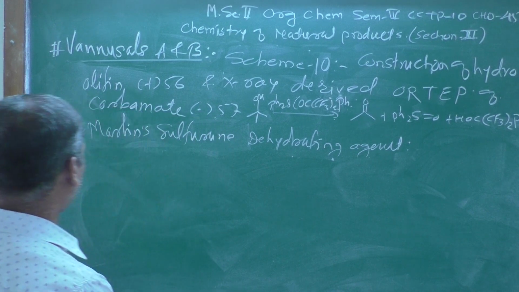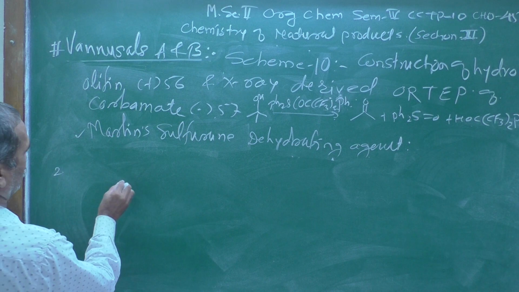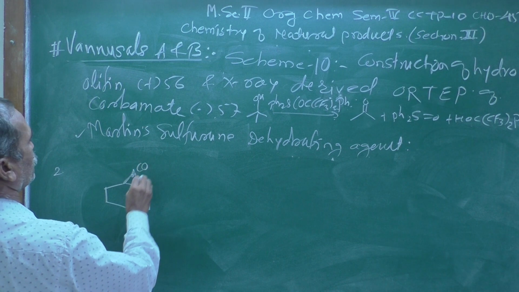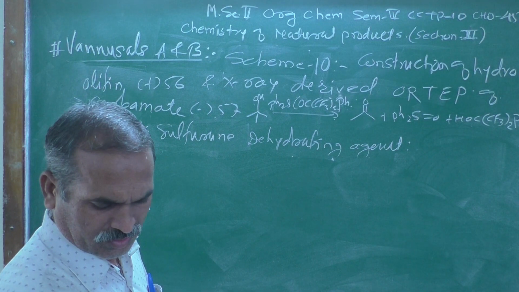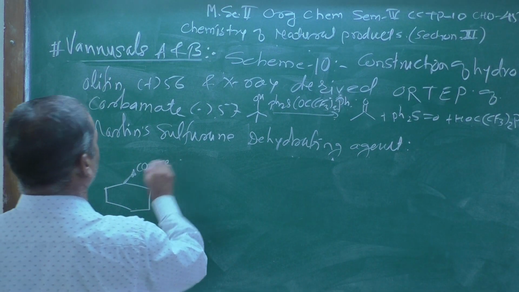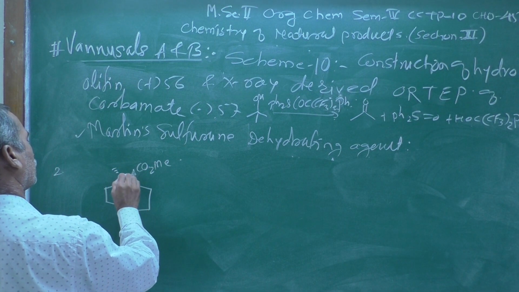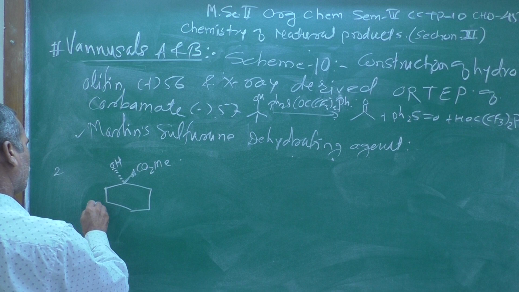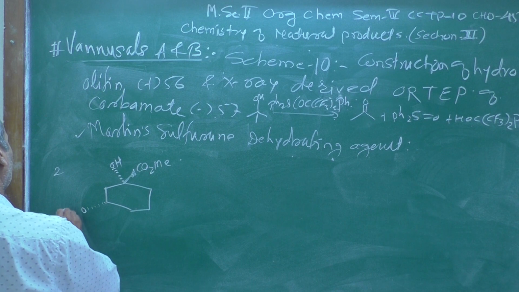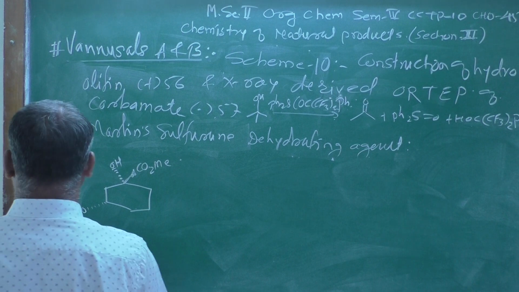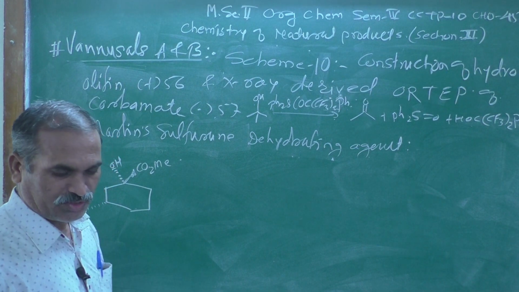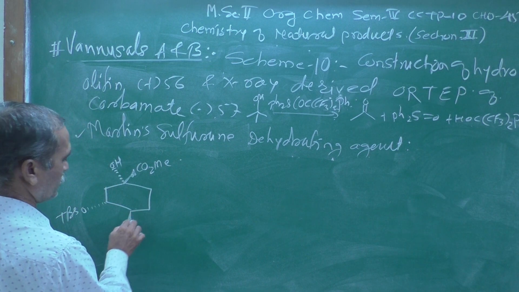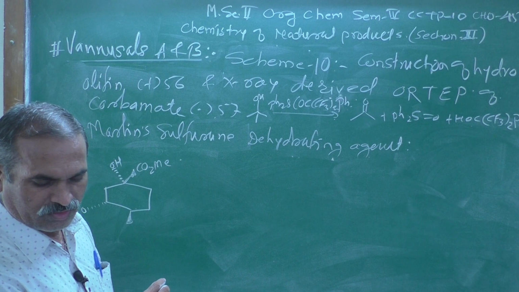So here is one more example, the second example. This is a 6-membered ring where there is a CO2Me, and here a hydroxy group. Now at this position there will be OTBS, tertiary butyl silyl, which is used as a protection of the secondary alcohol.